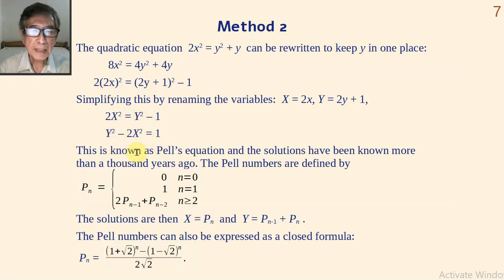This is known as Pell's equation, and the solutions have been known more than 1,000 years ago. The Pell numbers are defined by this. This is the definition of this Pell function.